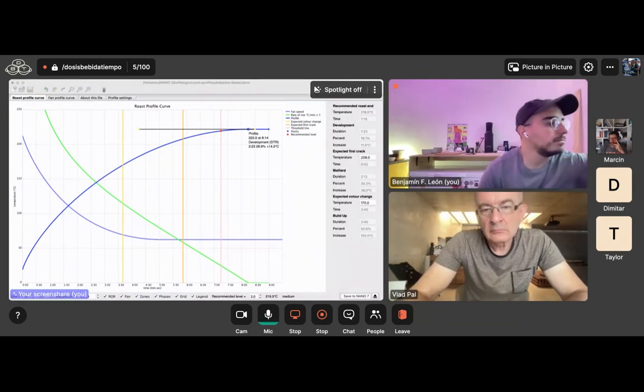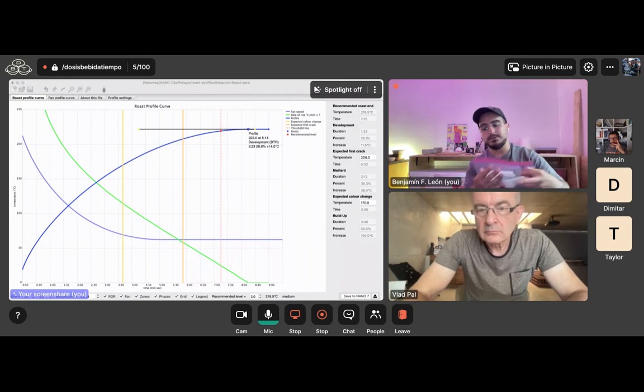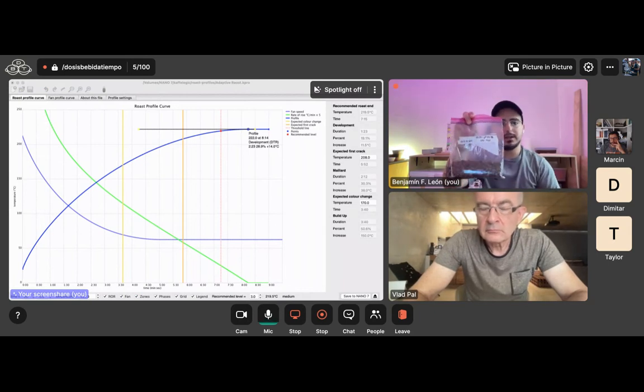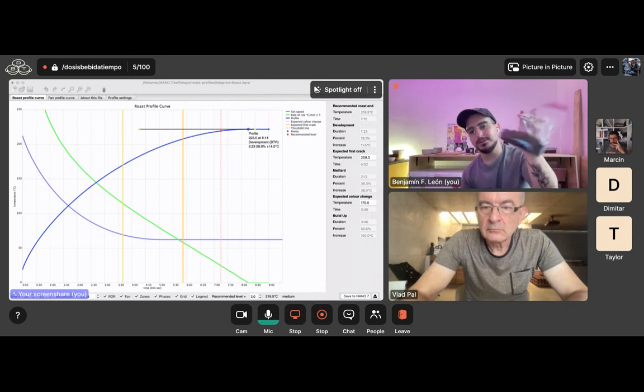So for instance, I have over here a couple of batches. This is a couple of 100-gram batches and a couple of 70-gram batches. I've cupped these side by side, blind tasting.